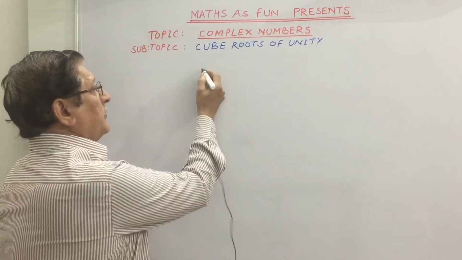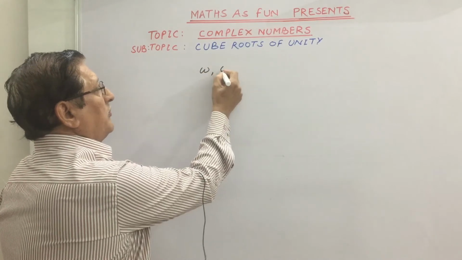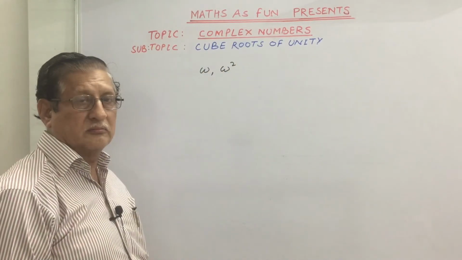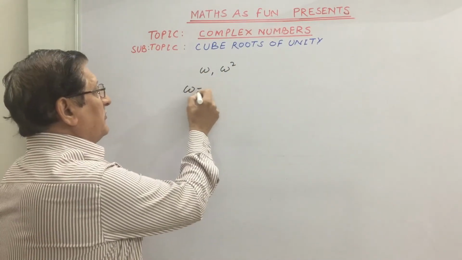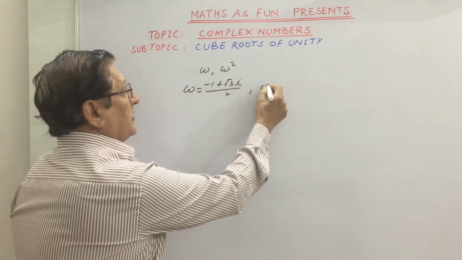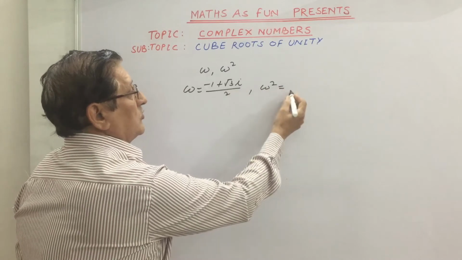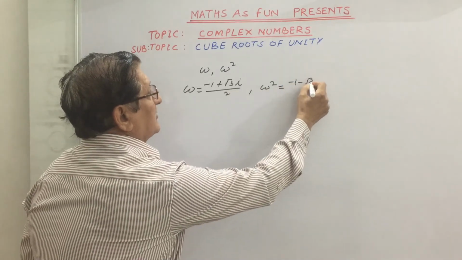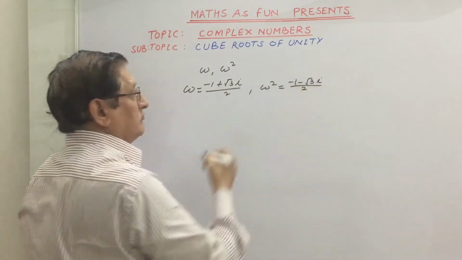We have now the complex cube roots of 1 are omega and omega square. And we know the value of omega is minus 1 plus root 3 iota upon 2, and that of omega square is equal to minus 1 minus root 3 iota upon 2.